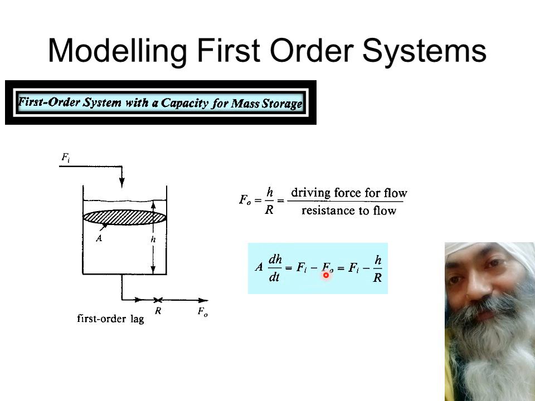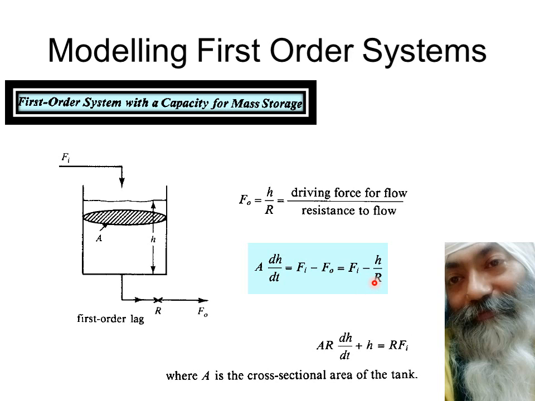And this F naught, as we have seen over here, can be replaced by H over R. So this entire equation, A dH by dt is equal to Fi minus H upon R. It can be rewritten as A into dH by dt plus H by R is equal to Fi. This is as simple as that. This is nothing but a first order equation as we had seen.